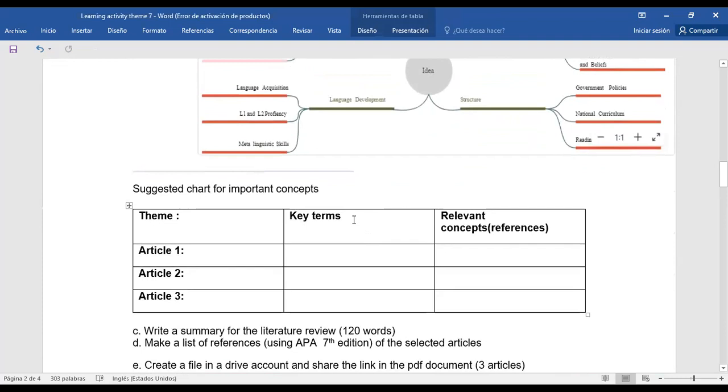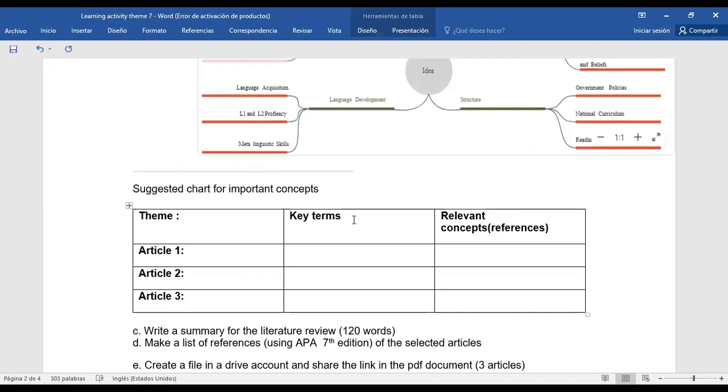Okay, it should be the words you consider. If you consider that 10 words are key, you include 10. If you consider that 5 are key terms, you include 5. I don't want to give a number because it depends on the study.